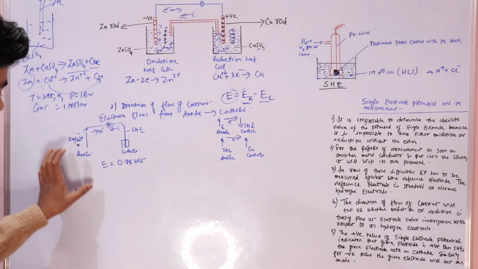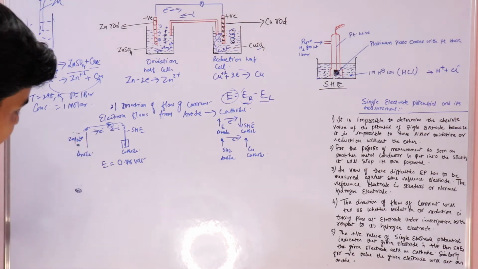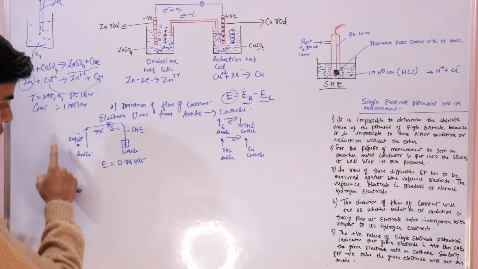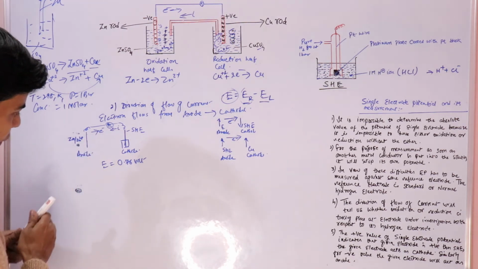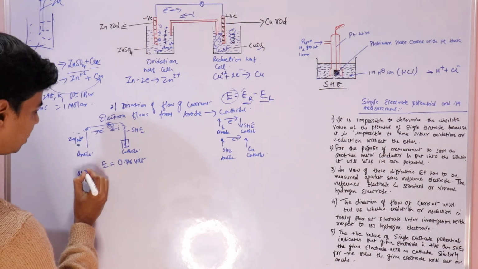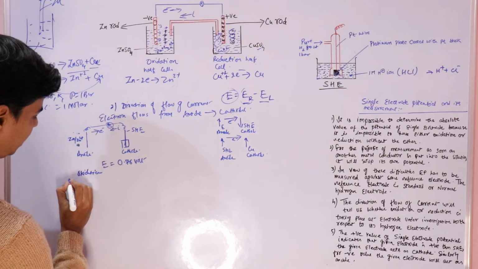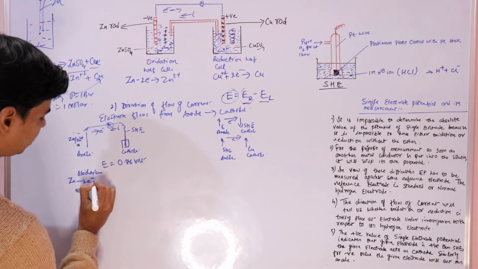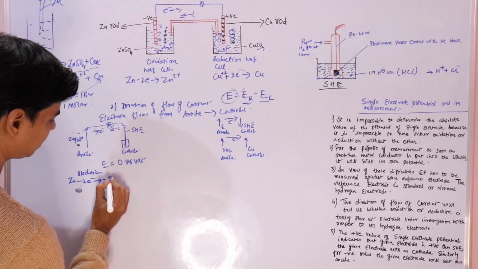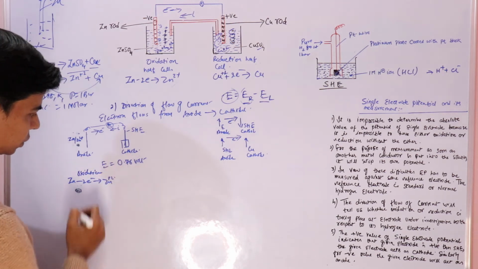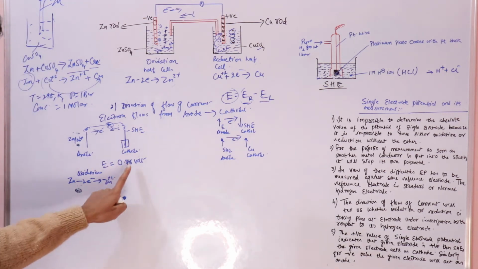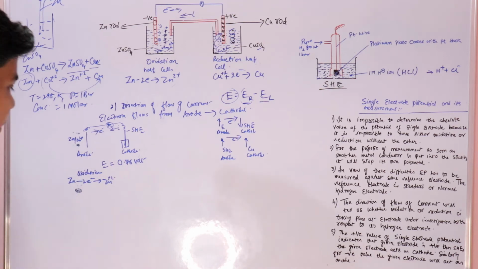So we say that the electrode potential or oxidation potential, since what is occurring here? Oxidation is occurring here, that is zinc is losing 2 electrons to form zinc ions, right? So this is the oxidation potential of the zinc electrode.